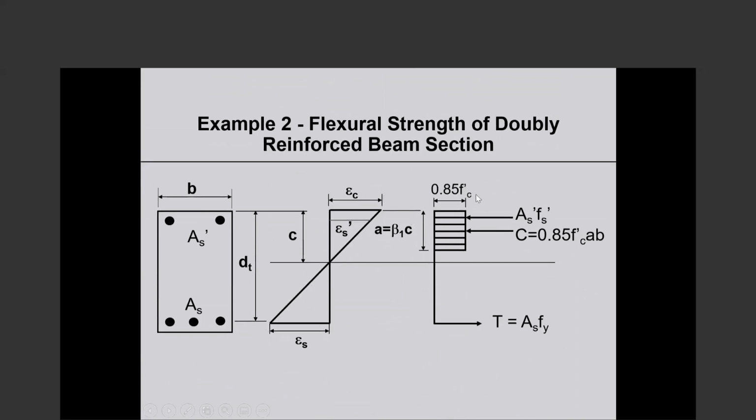The strain distribution, the stress distribution, the compression concrete force, the compression steel force, the tensile steel force, and what is not marked in the picture is the distance from the extreme compression fiber to the centroid of the compression steel, D prime.